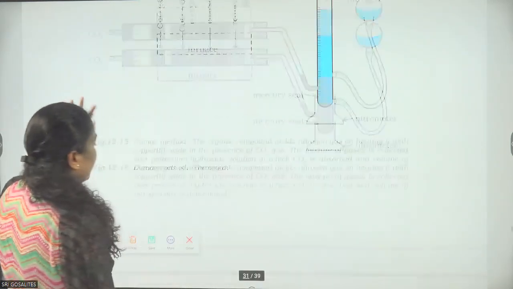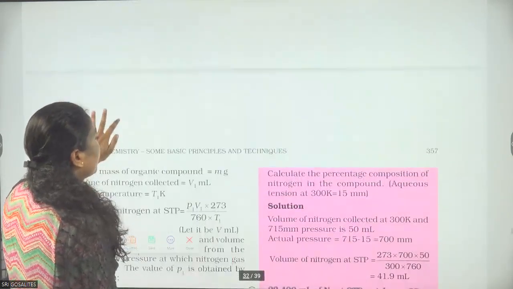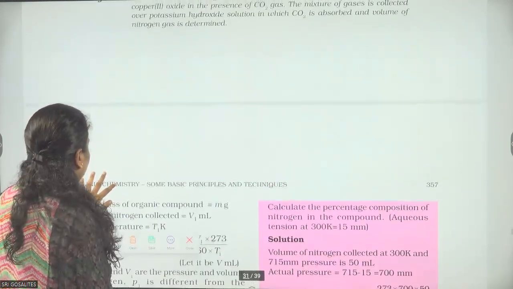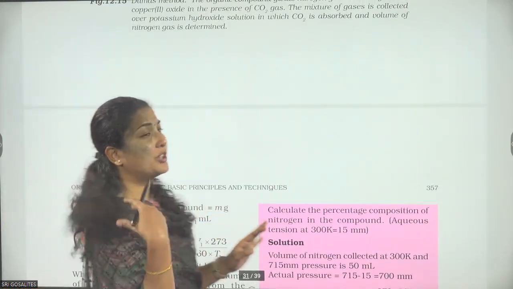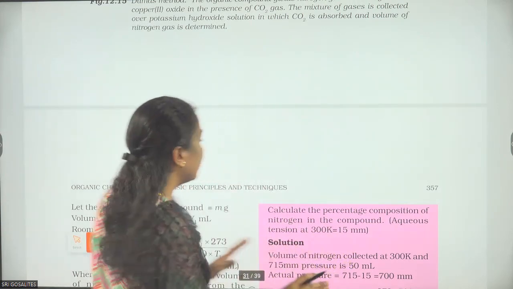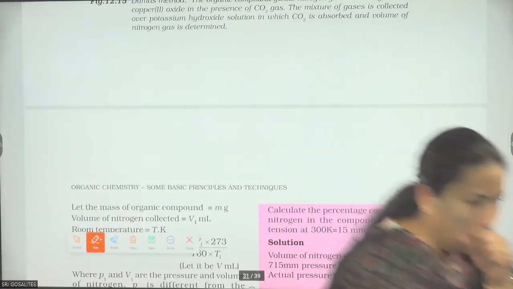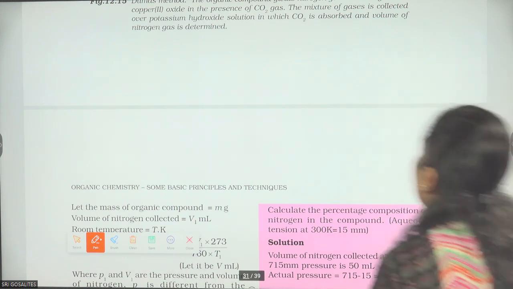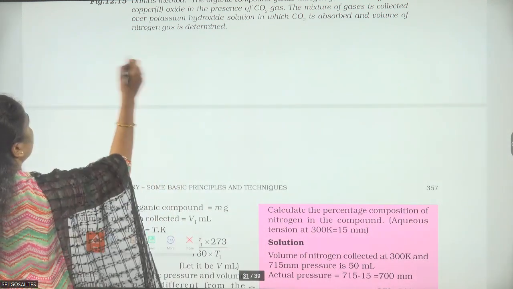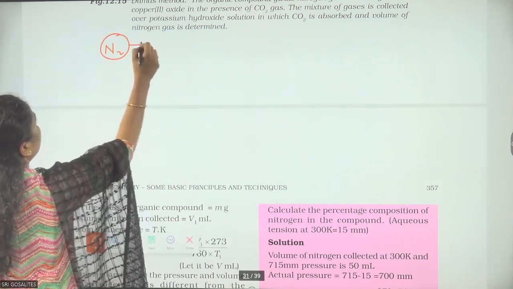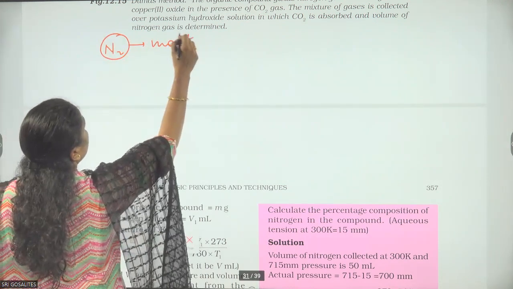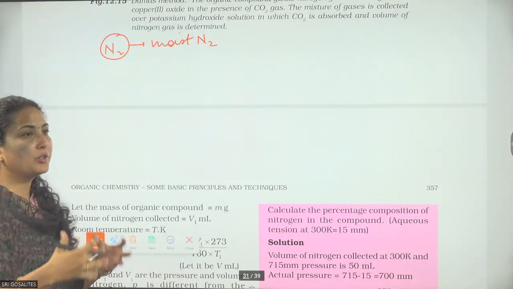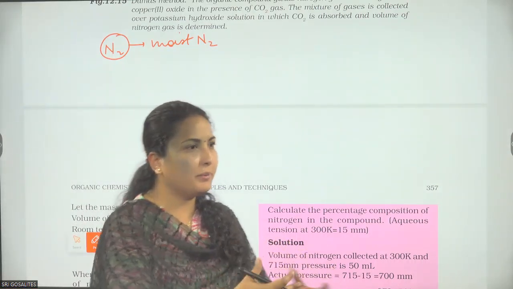Now next we are going to see the calculation part. In the calculation part, all you need to understand is that we have got N2, but this N2 is moist N2, because the nitrogen gas which is liberated will be hot and will carry water vapor along with it.